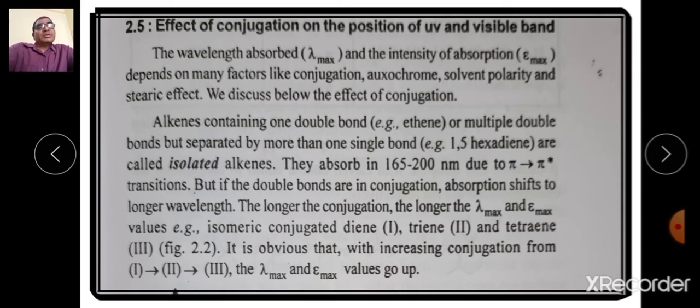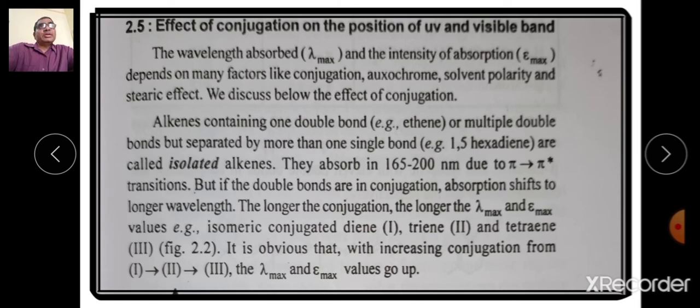Now, conjugation means pi bonds in alternate order, that is pi bond, sigma bond, pi bond. Now, alkenes containing one double bond or multiple double bonds, but isolated double bonds, that is separated by more than one single bond, are known as isolated.